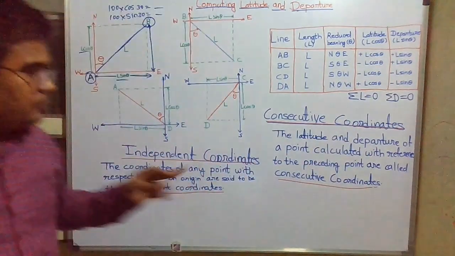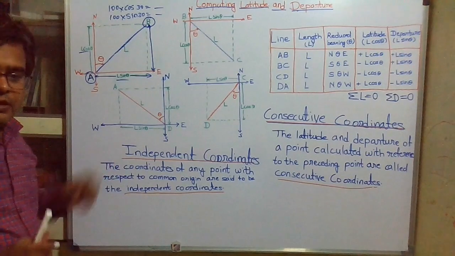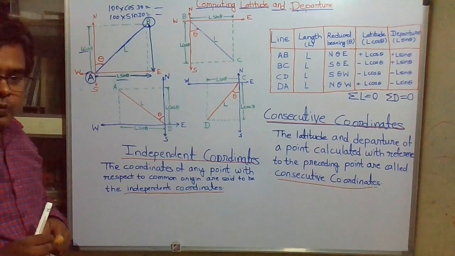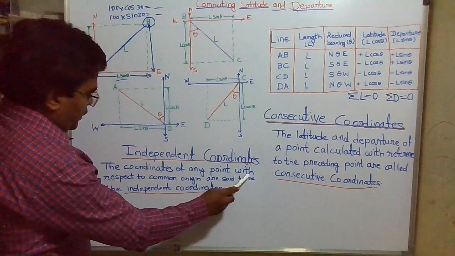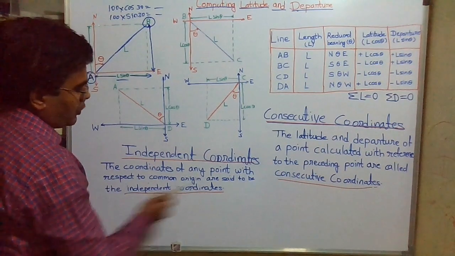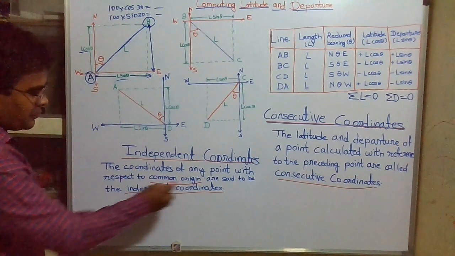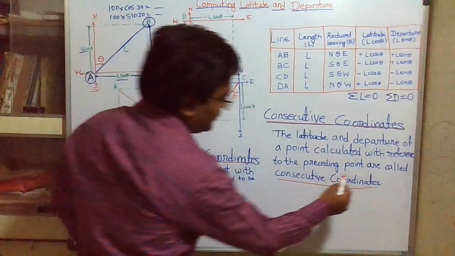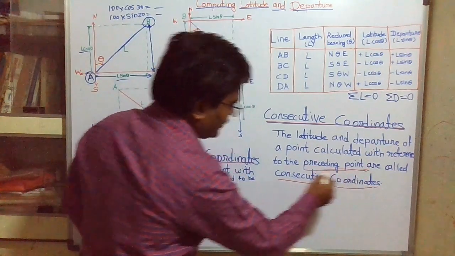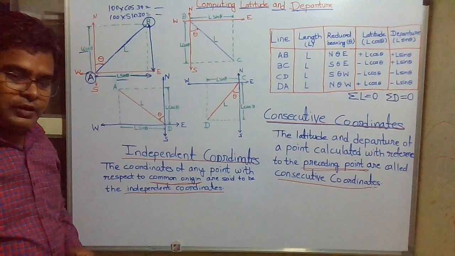Okay, write it down. Then the next term is independent coordinate. What is this? The coordinate of any point with respect to a common origin. What is the difference? It is with reference to a common origin, and here with reference to the preceding point. This is the difference between consecutive coordinates and independent coordinates.